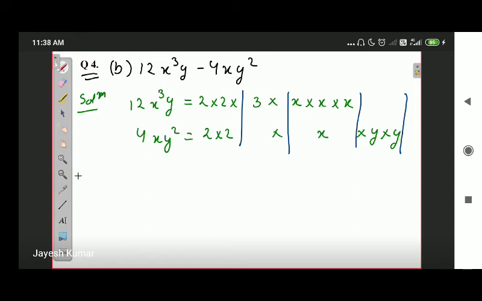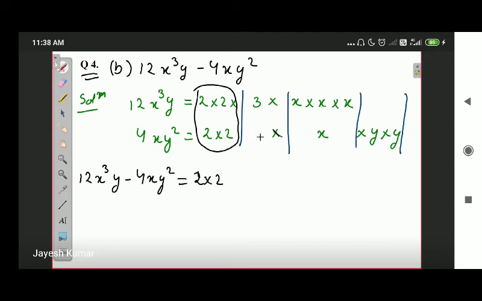Now let's write down 12x cube y minus 4xy square. This was our original expression, and we are going to take as much common as possible. There are two 2's in both the expressions, so this is 4. I will write 2 into 2. There is no 3 in the second expansion, so no 3. In case of x, there is one x in both the expansions. Now inside the bracket, we will write what was remaining.